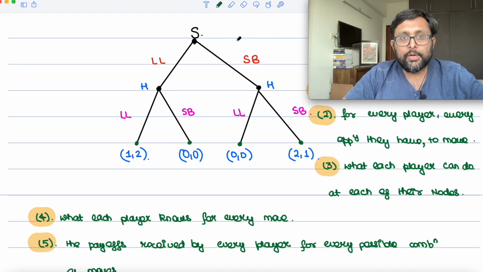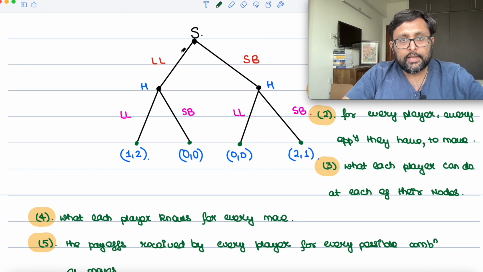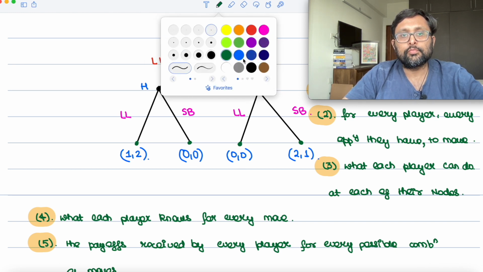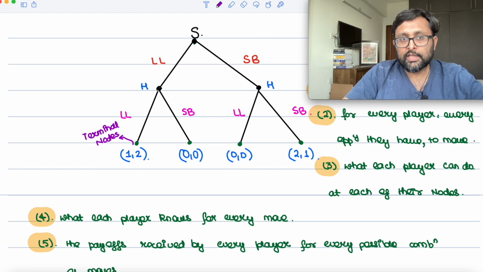These are the terminal nodes. Terminal nodes means the game is going to end here. Other nodes are non-terminal nodes.